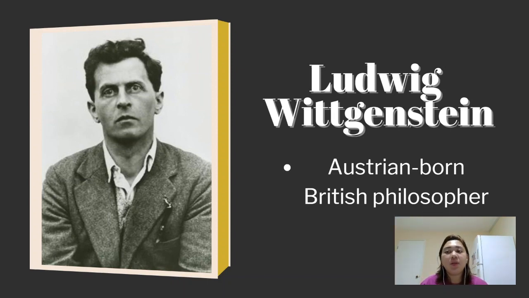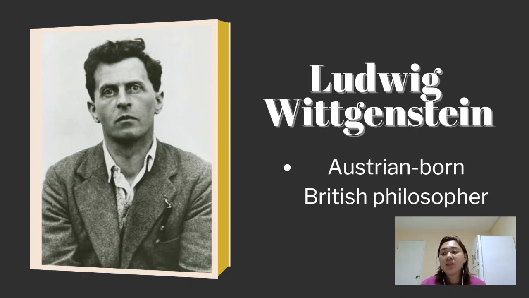He cites his famous example of games. Here, Wittgenstein enjoins us to consider numerous games like board games, card games, ball games, Olympic games, and so on. And then he asks, what single characteristic or trait is common to all these games?